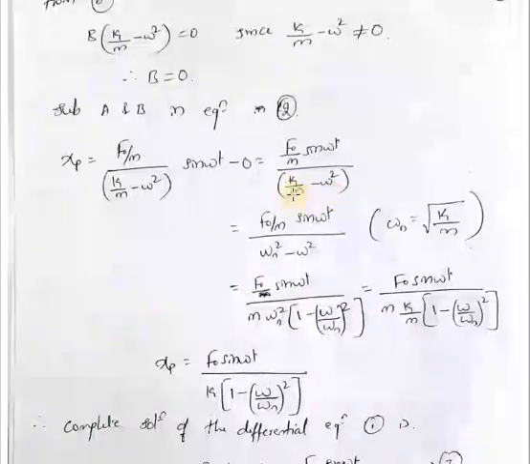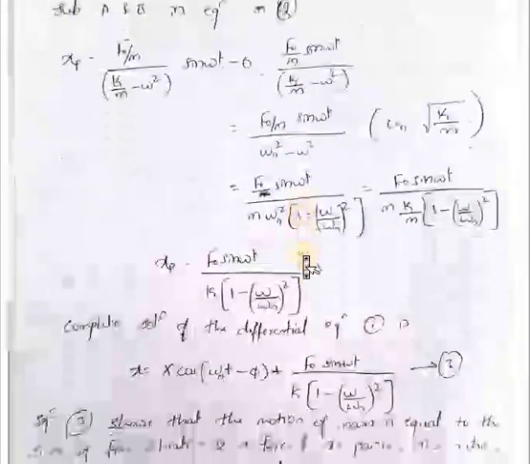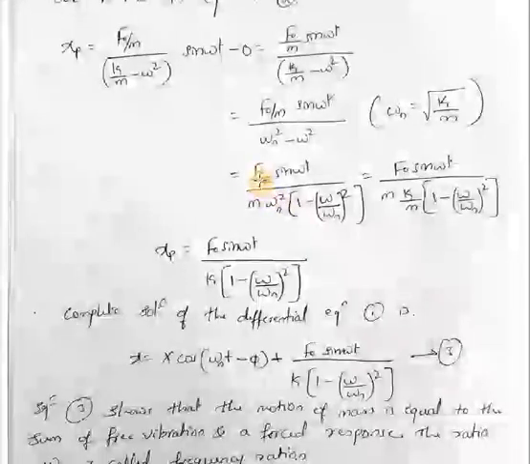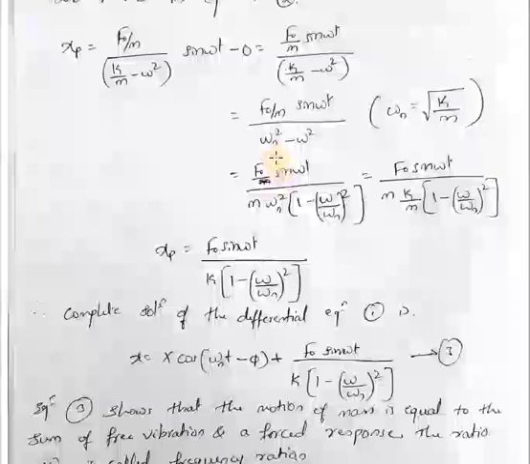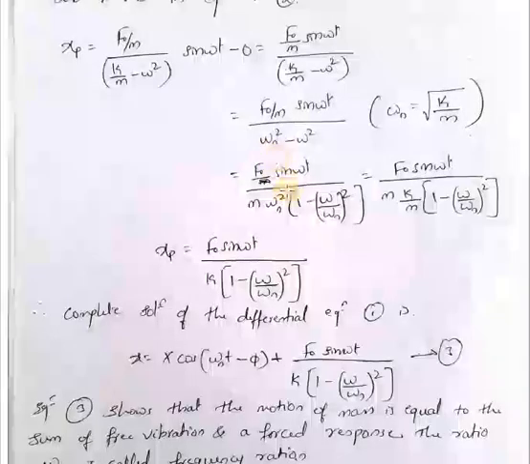Now here we know that omega n is the root of k by m, so omega n square will be k by m. So in place of k by m, I will substitute omega n square. Now from this equation, this is f naught into sin omega t divided by m into omega n square, taking omega n square as common, into 1 minus omega by omega n whole square.